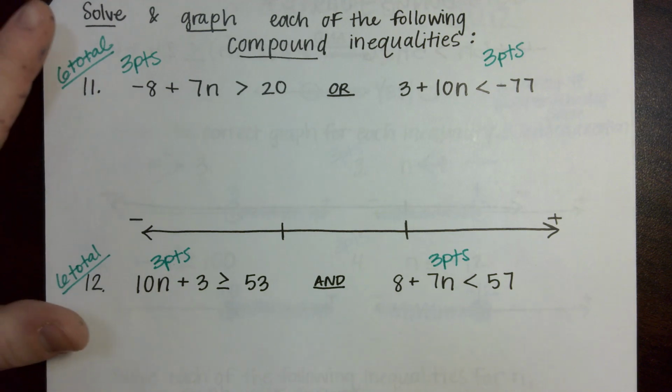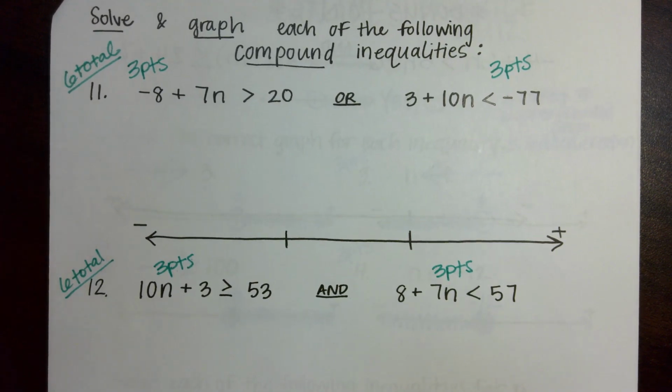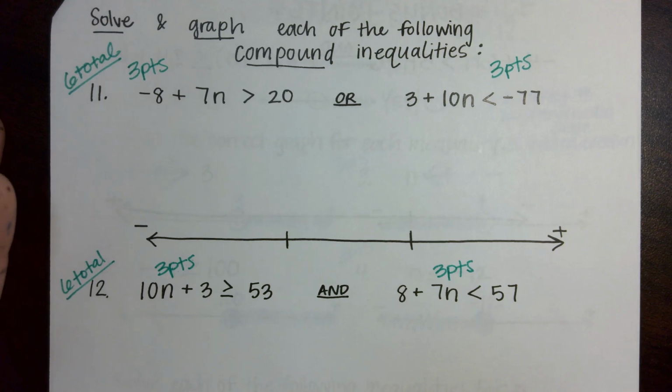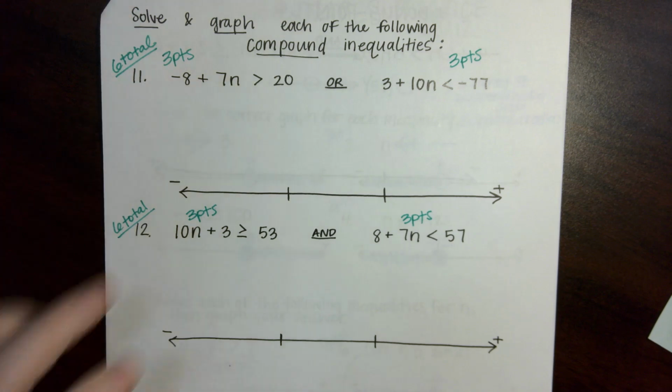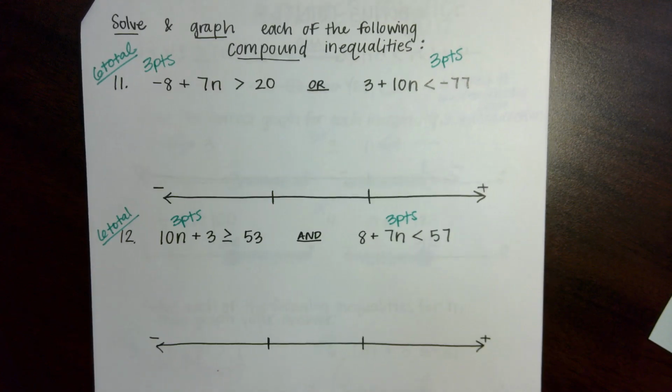If you get into a problem and you feel like you are not sure how to do a certain part of it, at least do the parts you do feel confident about, because missing 6 points for not even trying is going to hurt a lot more than doing your best and messing up on maybe 1 or 2 things. Okay, so at least attempt it. But I think you guys will do even better than attempting, and I think y'all are going to kill this. Okay, let's look at 11 and 12.